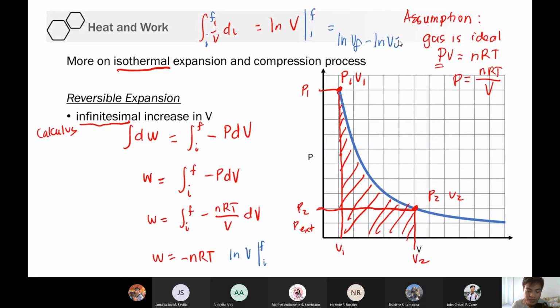So, Vf minus Vi. Applying the rules of logarithm, this can be rewritten as ln Vf over Vi. Yung difference ng logarithm can be shortened to the ln of the fraction. And this is now our equation for the work. The negative nRT ln Vf over Vi.